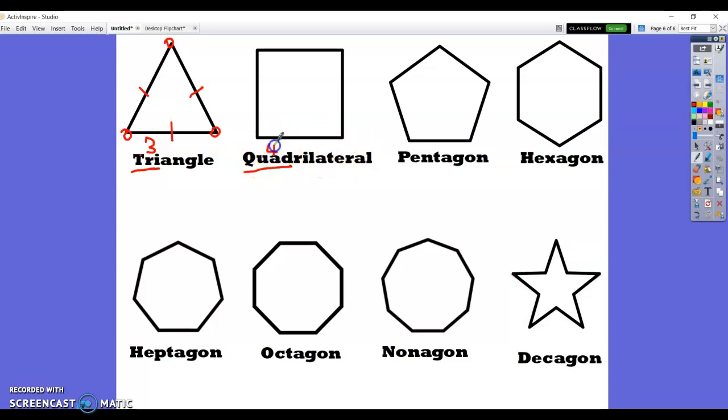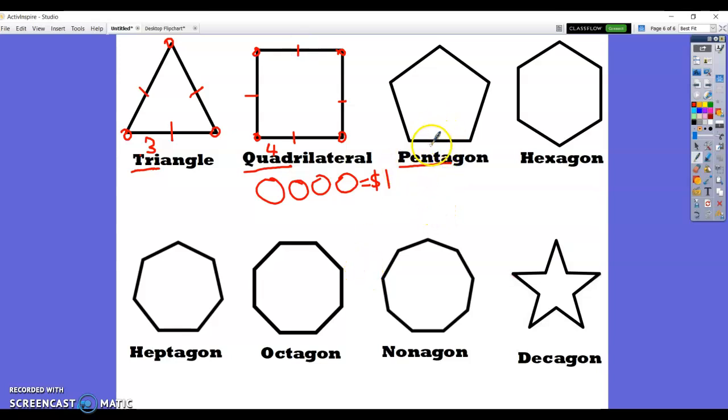Quad means 4. You need 4 quarters to make $1. And if you have 4 quarts, you can make 1 gallon. So the word quarter or quad means 4. Quarter means 1/4. There are 1, 2, 3, 4 vertices, and 1, 2, 3, 4 sides.